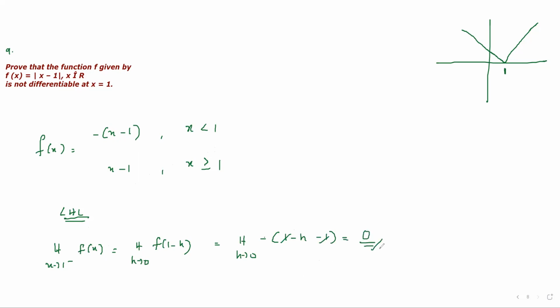Similarly, RHL is limit h tends to 0 f of 1 plus h. When you apply it, 1 plus h minus 1, again you get 0. So LHL and RHL are 0. And just find f of 1 also. f of 1 is 1 minus 1, that is also 0. So the function is continuous, right?